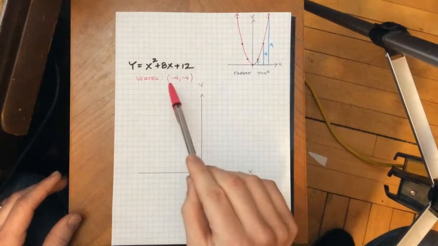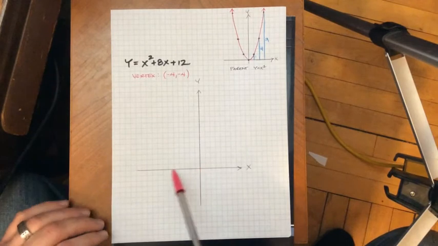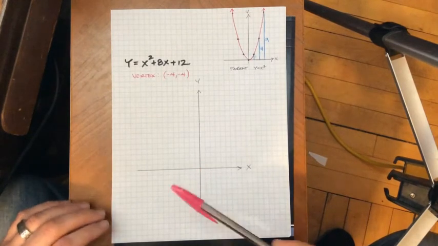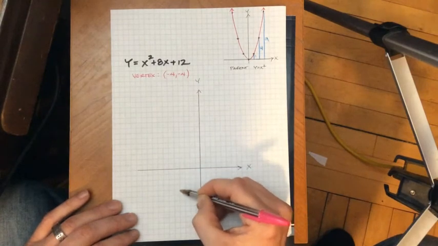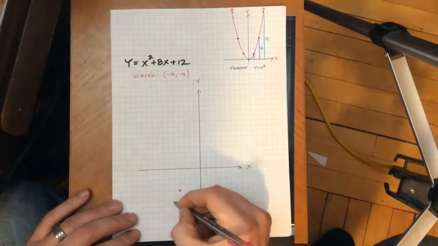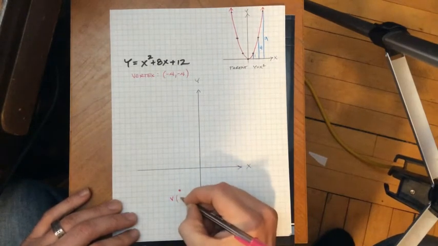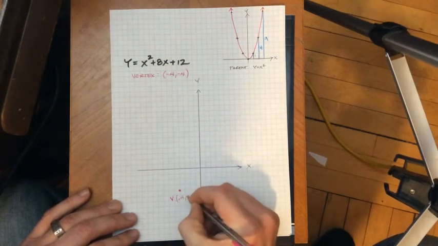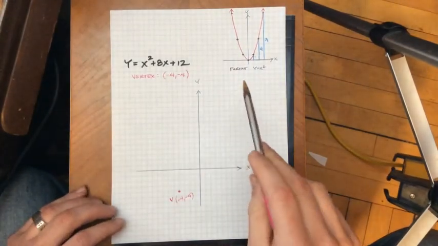And then we just figured out the vertex is -4, -4. And so I got my x, y, here's 0. This is going to count by ones. And so -4, -4, -4 here. That's going to be the vertex. I'm going to put V for vertex. -4, -4. Okay, we're going to use this pattern over 1.